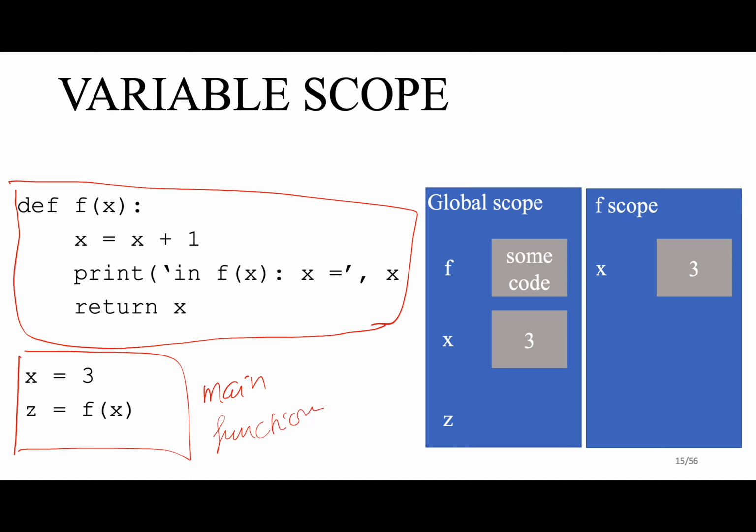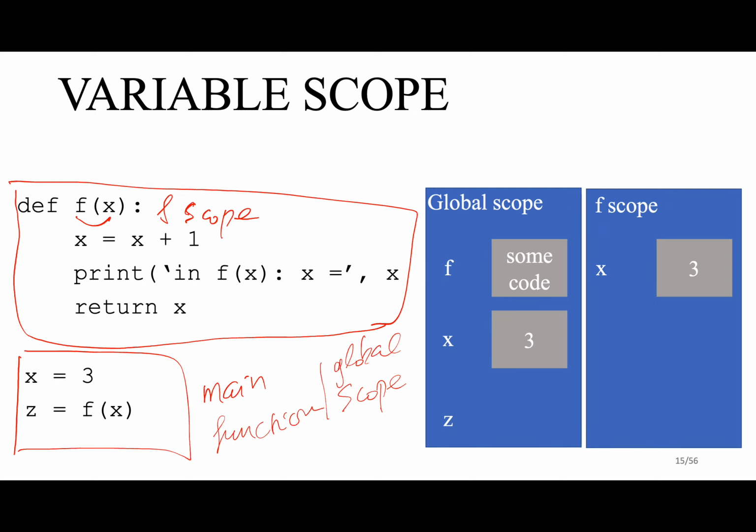The main function will have a scope, which we call global scope. And in function f here, we have the f scope.